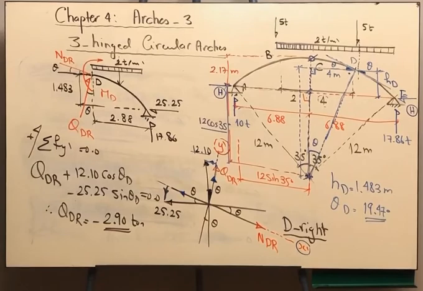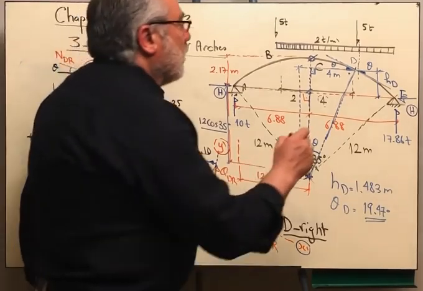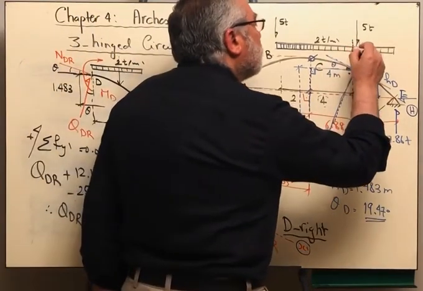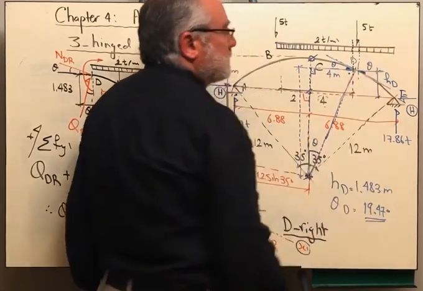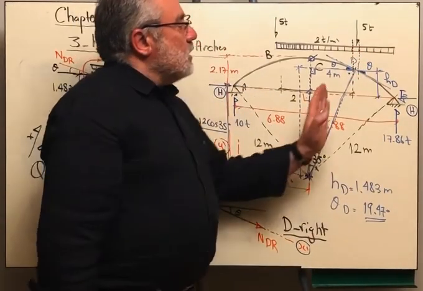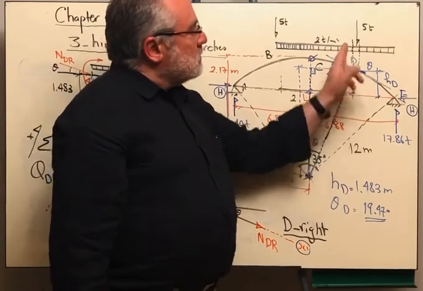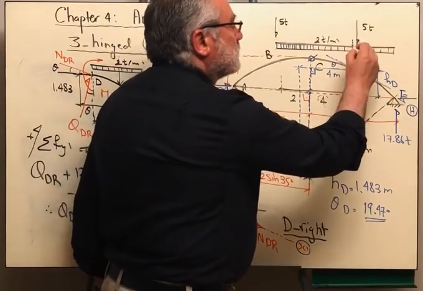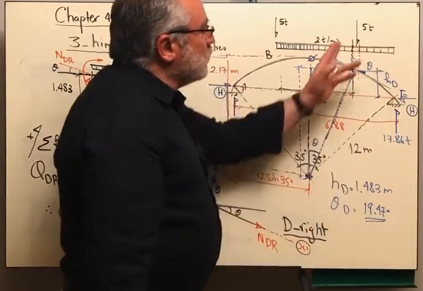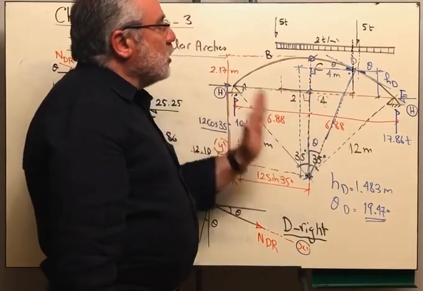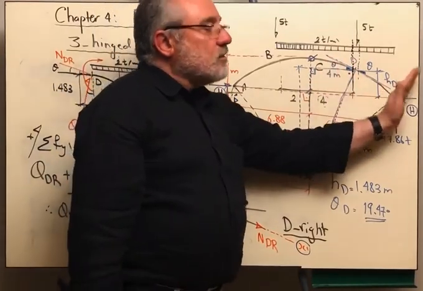How about left of point D? Now, if you want to take a section left of point D, you are cutting a section like that. Okay? Now, it is easier for us. This is the location of the section. Either that you cut this way and you take the left-hand side, or you cut this way and still take the right-hand side.